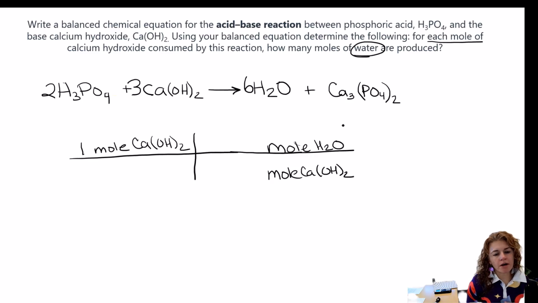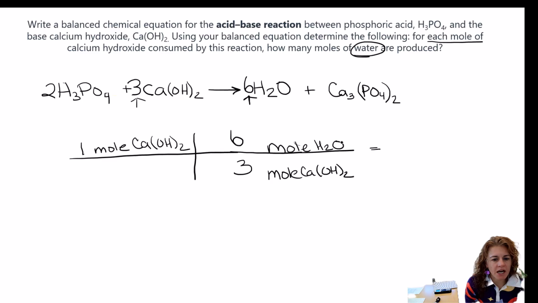To change from 1 unit, calcium hydroxide, to another unit, water, we're going to use the coefficients from the balanced chemical equation. So here I see the number 6 is attached to water. So that number 6 is going to go on the top. Here I see the number 3 is attached to calcium hydroxide. So the 3 is going to go on the bottom.